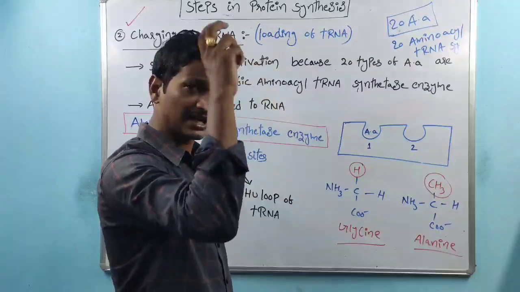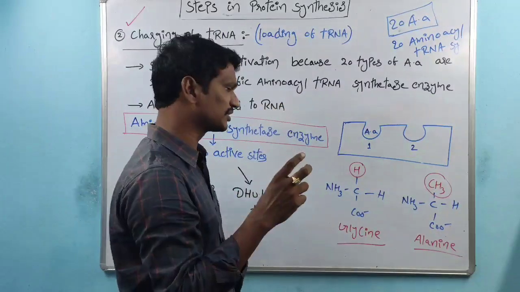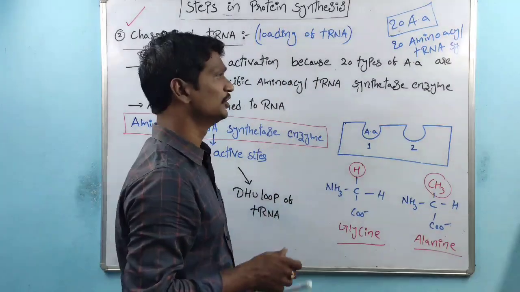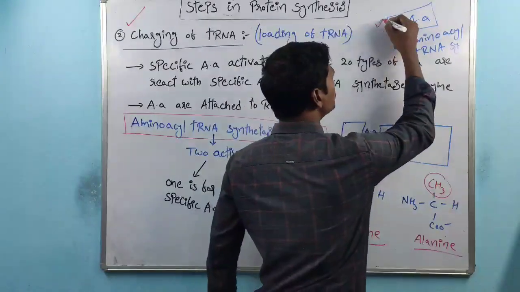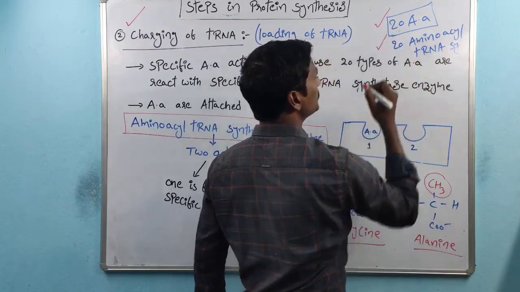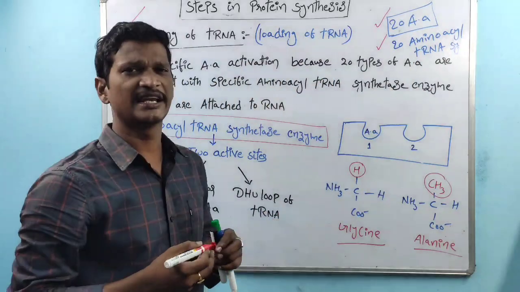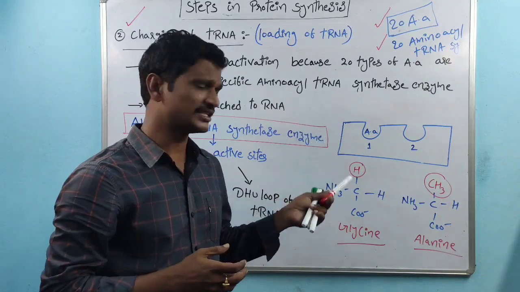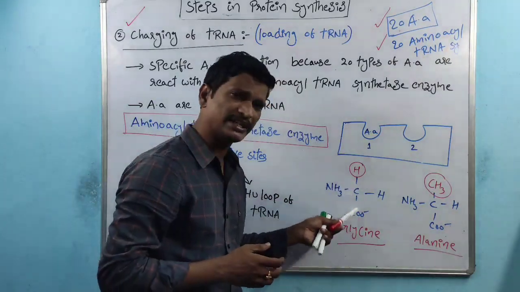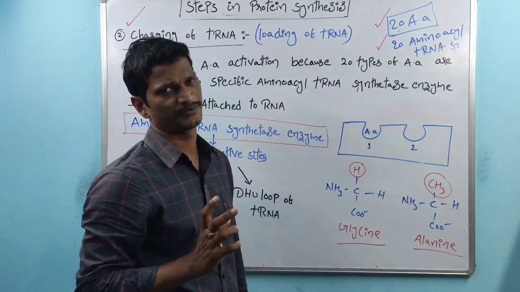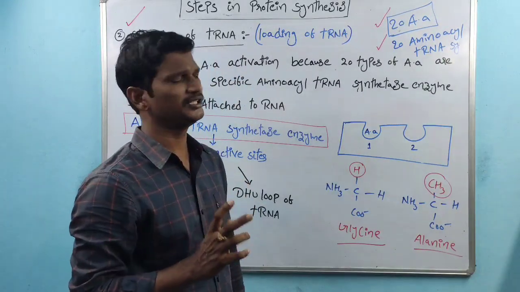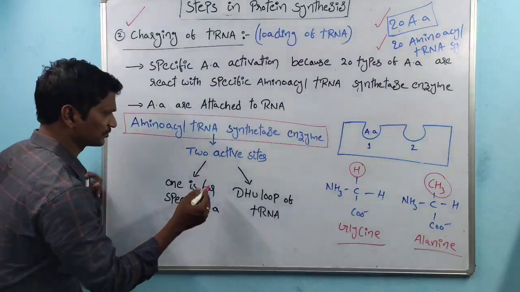Within that case, that active site fits the alanine amino acid. So within the cell, 20 types of amino acids and 20 types of amino acid tRNA synthetase enzymes are present, and the interaction is very specific. So that is about the first active site.